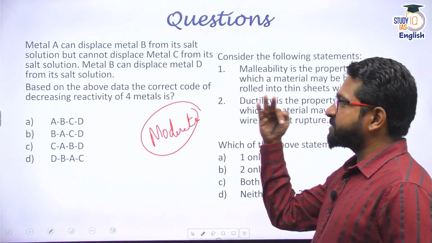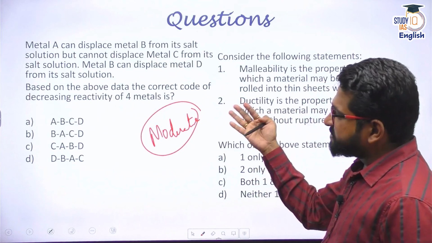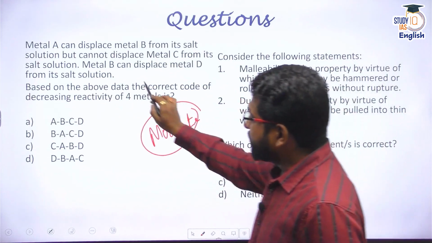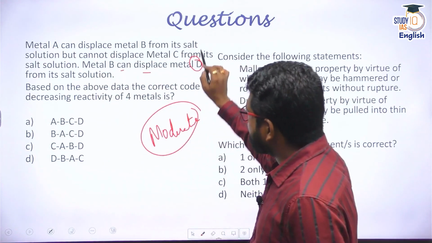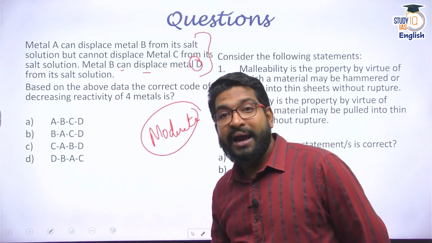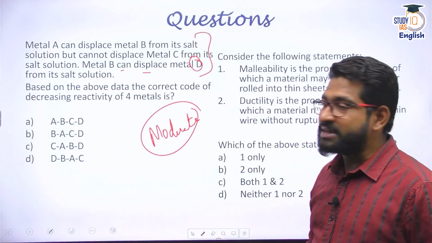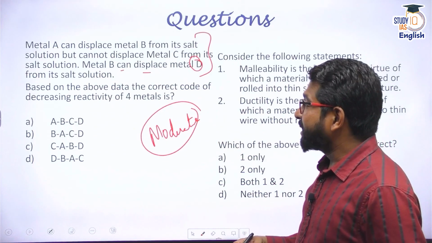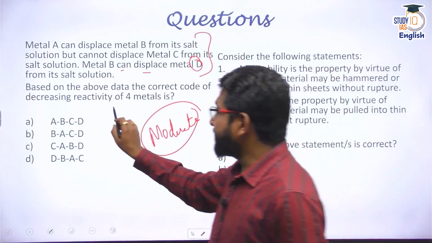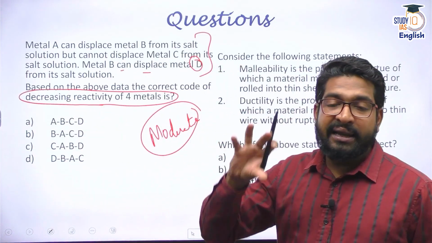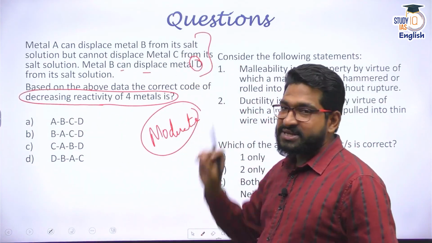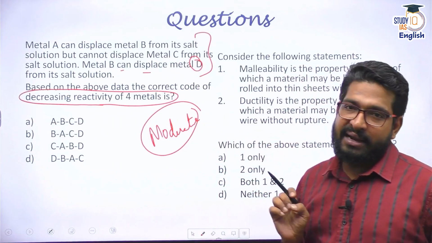And metal B can displace metal D from its salt solution. So based on this particular information, you have to arrange these metals in the decreasing reactivity. That means the highly reactive metal should come first and the least reactive metal should come last.